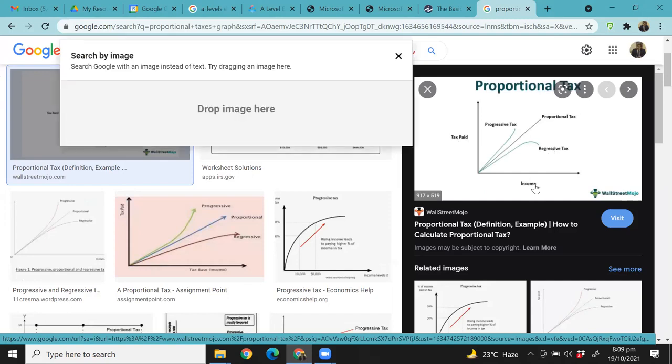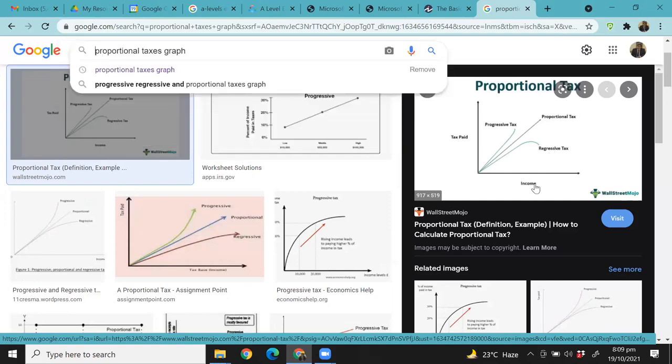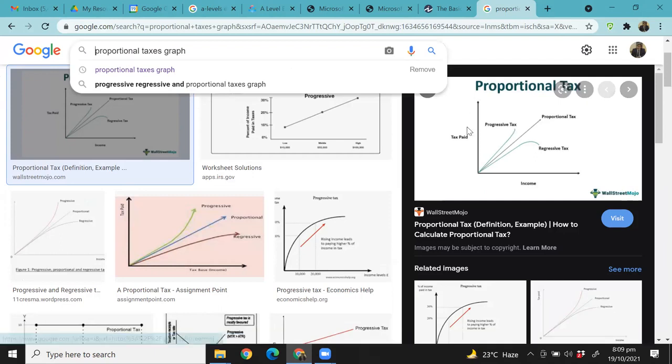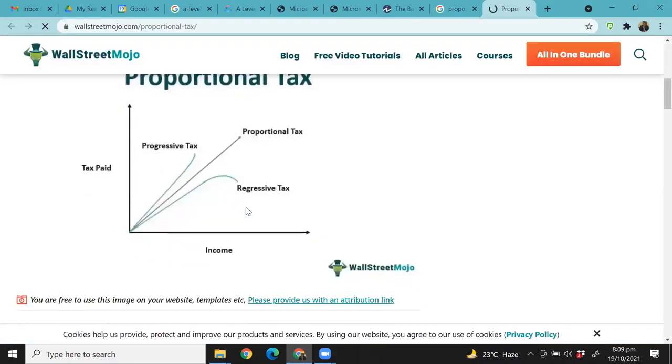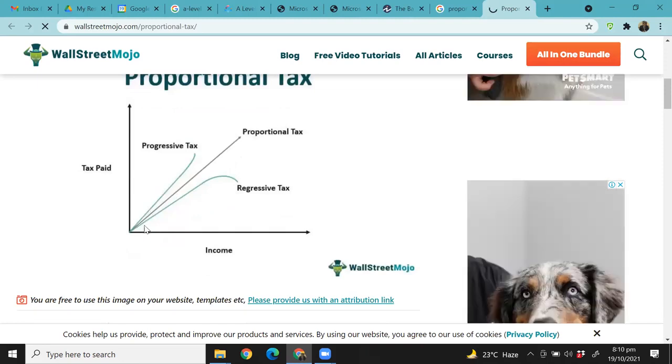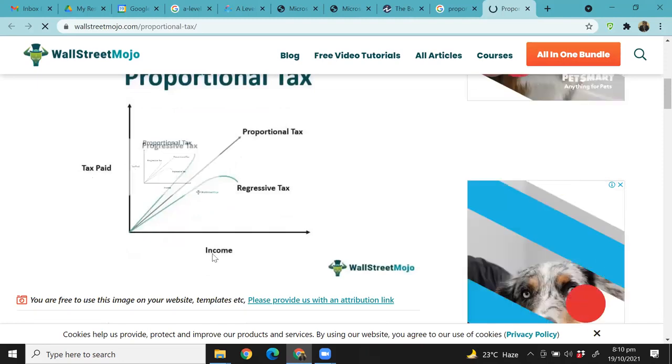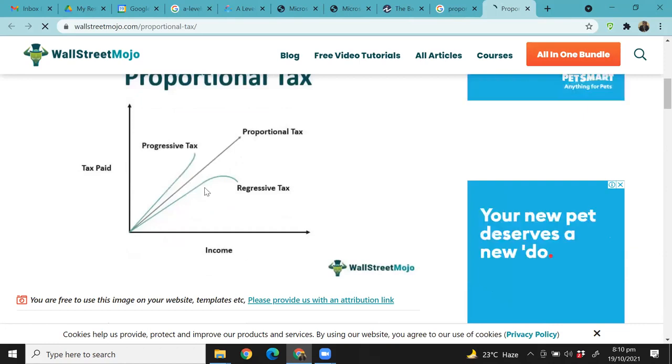Tax paid and income. Since these are straight lines, did you get this? Have a look at this. Abdul Rahim, on the y-axis you have tax paid, and on the x-axis you have income, right? Now, if it's a straight line, have a look at this.